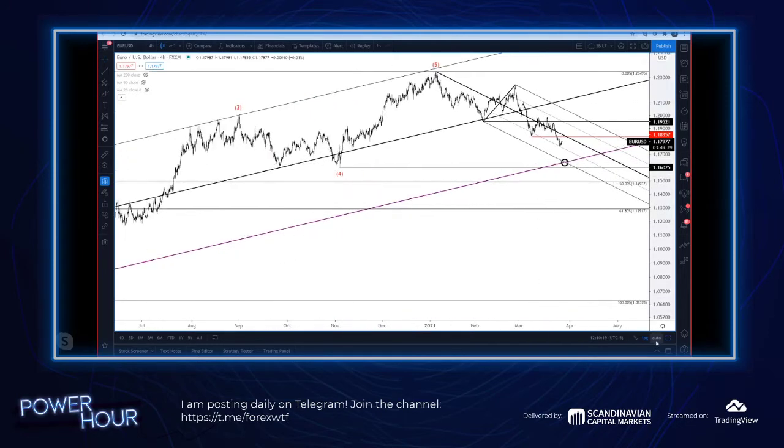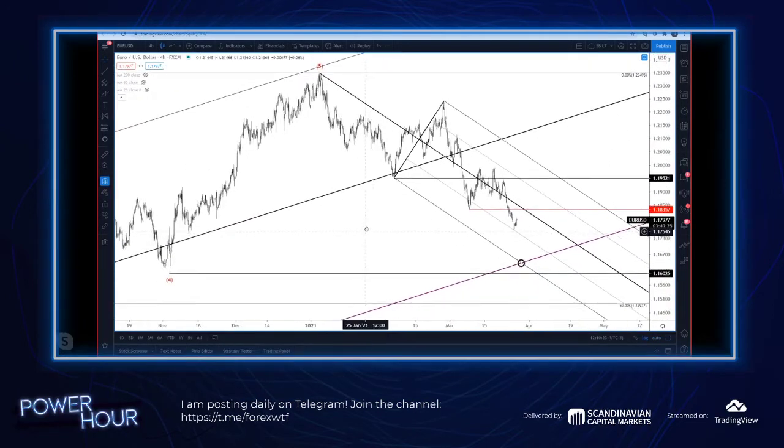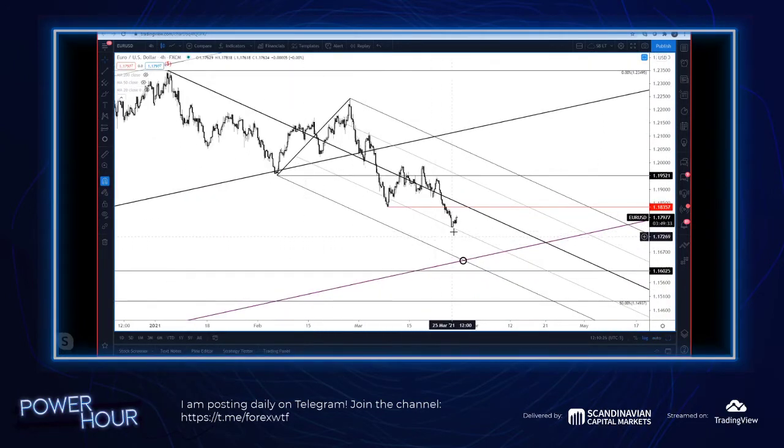This little bounce that we're getting today, obviously not much to write home about, but two levels to watch for resistance. I'm thinking it's probably going to be up around here, which is the center line. That's going to be, call it 1.1830 to 1.1850, depending on how quickly you get there.